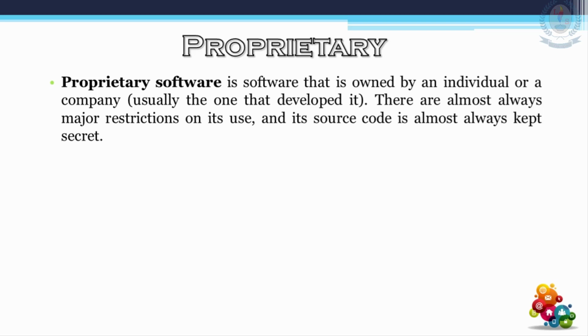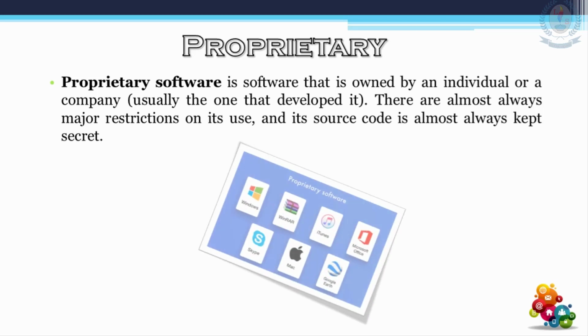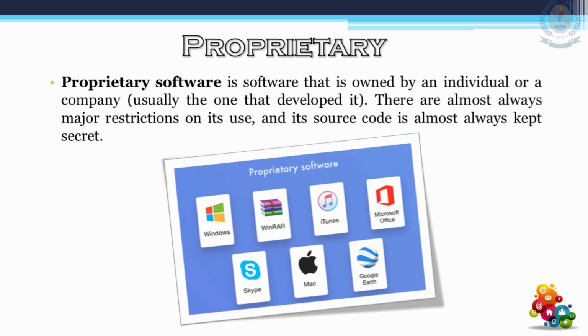Proprietary software may also be called closed source software or commercial software. You can see the examples: Windows, WinRAR, iTunes, Microsoft Office, Skype, Mac, Google Earth.